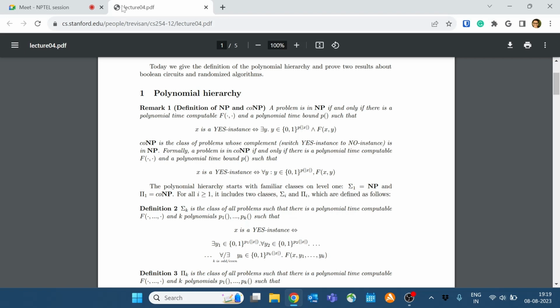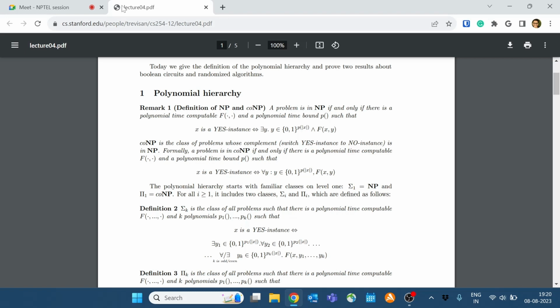I want this entire statement to be true. So this says there exists y such that this or this, right? I just pick a y not in {0,1}^p(x), then this is true. But such a y always exists, right? So I think you need to add one more thing over here: for all y in this, there exists y in this. So I think what you need to do is this.